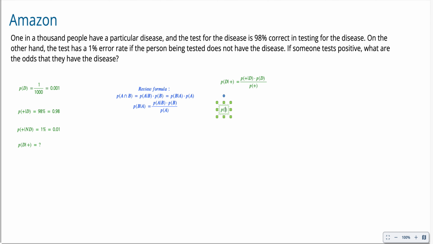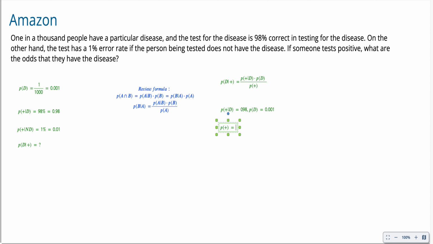We already have, given the disease, the test comes back positive: that is 0.98. And we also have the probability of the disease: that's 0.001. So the only thing we need to compute is the probability of a positive test.